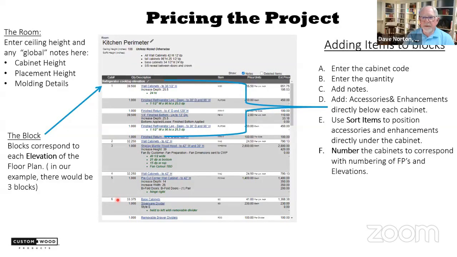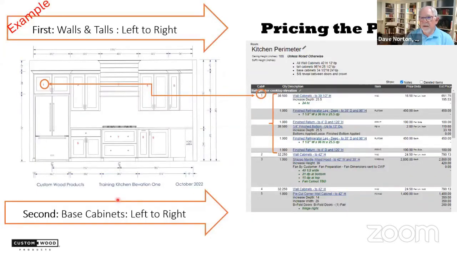Blocks, as I said earlier, are elevations. And if you've numbered your elevations, you can put elevation 1, 2, 3, or you can name it, as we did here, refrigerator cooktop. So again, starting with this cabinet, we're including all of the information that's relative to that cabinet.